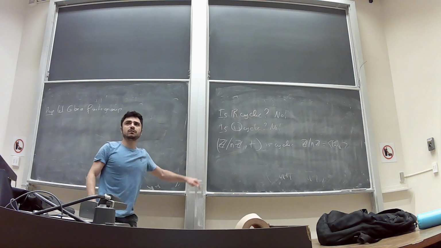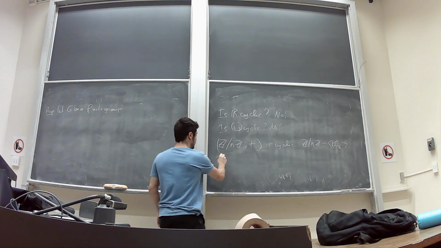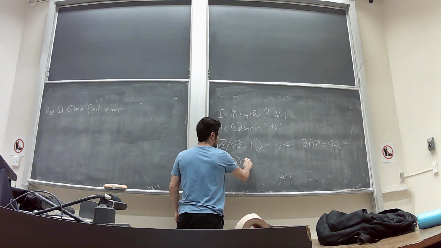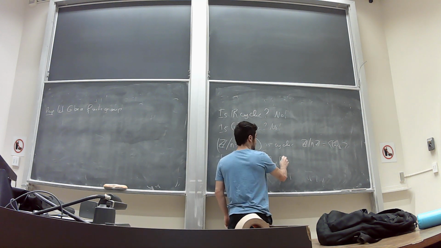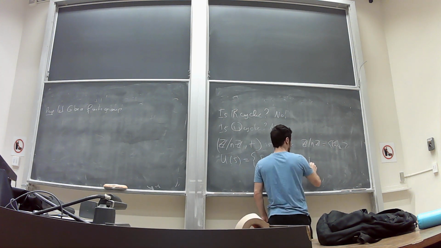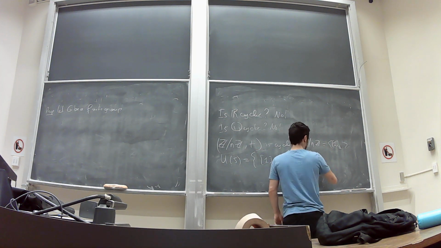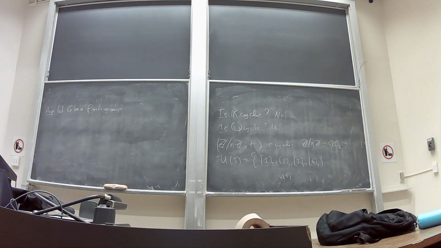Should we do one more example of a cyclic group? Let's do that. So let's take U5, for example, the integers modulo 5 that are coprime with 5, with multiplication. Is this group cyclic?